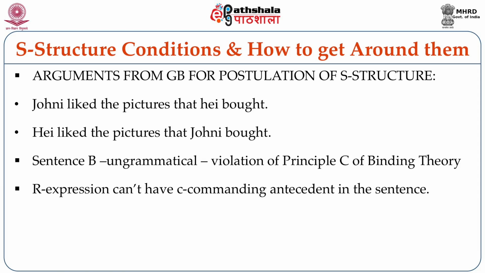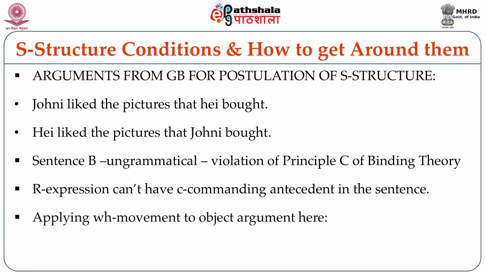If you remember, principle C of binding theory stated that an R expression must be free everywhere. In sentence B here, our R expression John has a C commanding antecedent in the sentence. The antecedent I am talking about is he. Therefore, the R expression gets bound in this sentence, which is not possible. Hence, the sentence becomes ungrammatical.